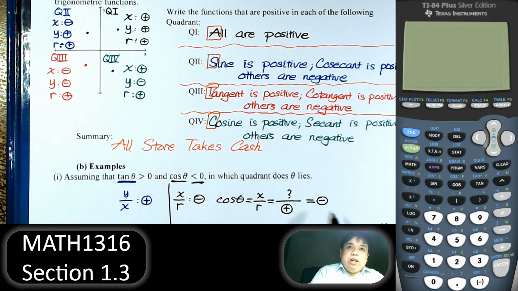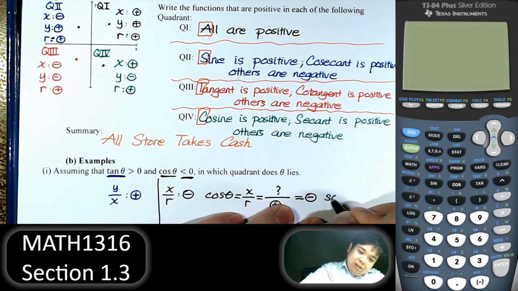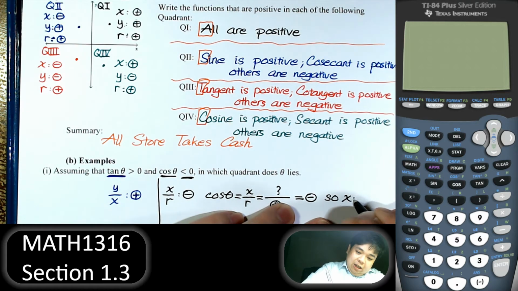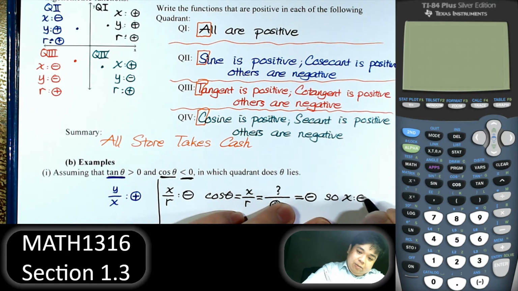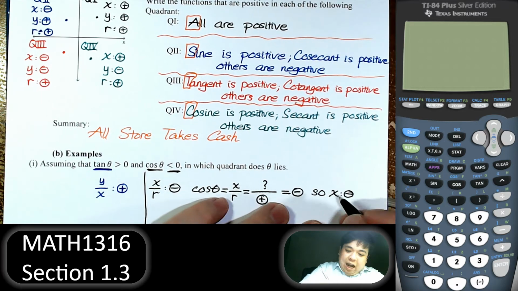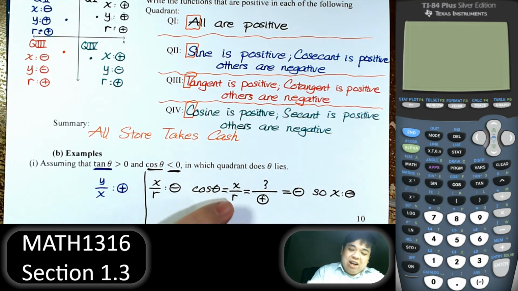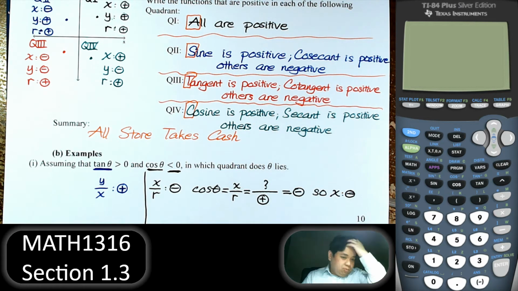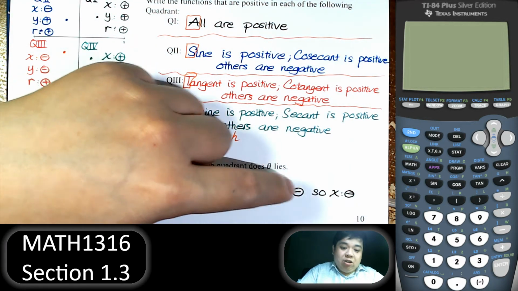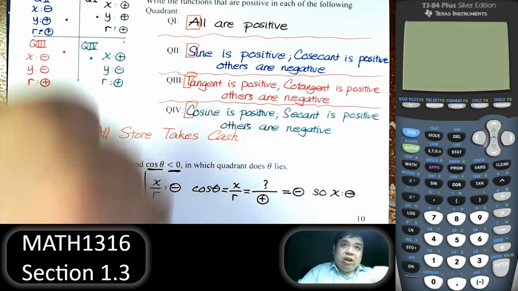We want the ratio to be negative, and r is positive, so x has to be negative. I could write less than 0 or greater than 0 for negative and positive, but using the sign like this is easier to process. x has to be negative because the whole thing is negative. That's what's given.